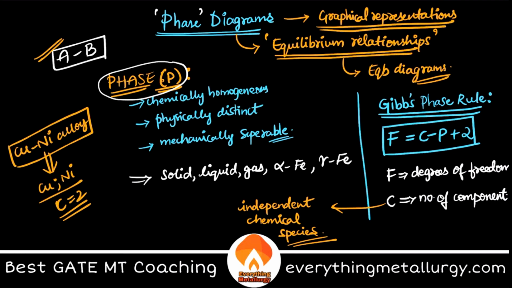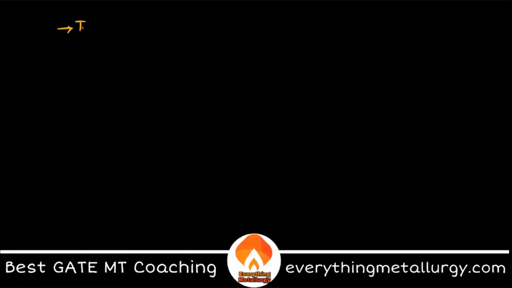So depending on this composition also, your degrees of freedom change, or maybe I can say the equilibrium relationship changes. Okay. So I can write that the possible variables in a system can be temperature, composition, and pressure.